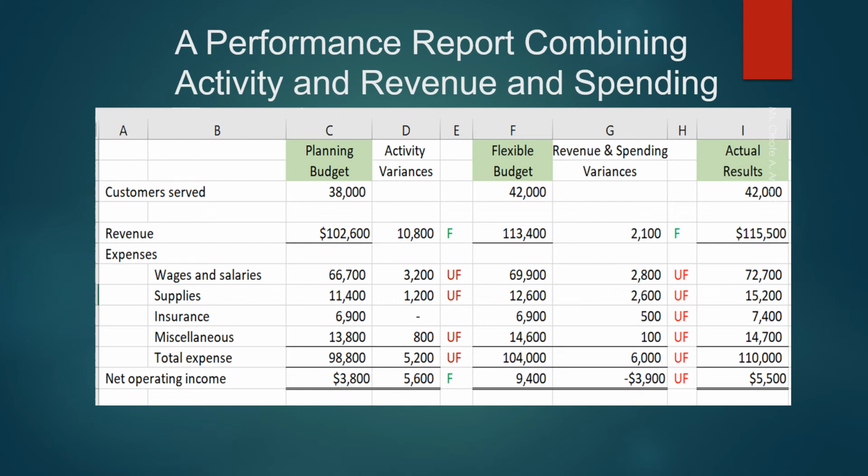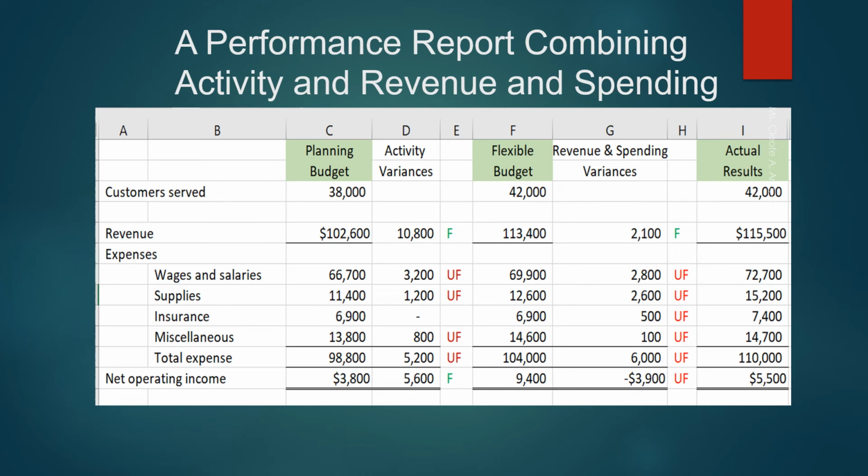Kasi nga, if we recall from the earlier slide, ang sabi natin, for us to compute for your activity variance, all we have to do is get the difference between your planning budget and your flexible budget. And then to get your revenue and spending variances, all we have to do is get the difference between your flexible budget and your actual results.